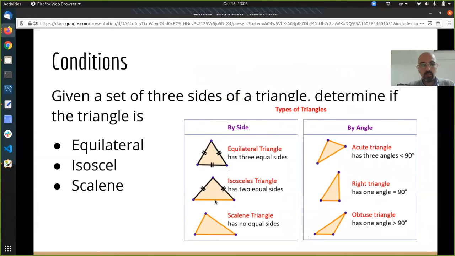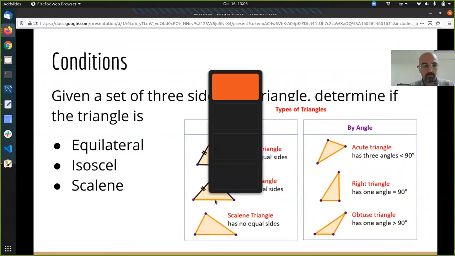Then, if this condition is true, we have to check whether one of the sides, it doesn't matter if it is A or B, is equal as well to the base. If it is, then the triangle is equilateral. If it is not, then it is isosceles.